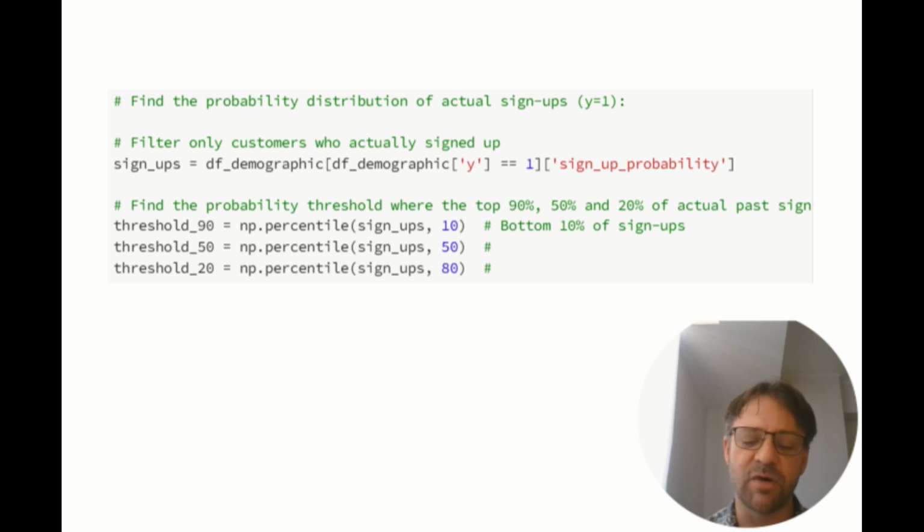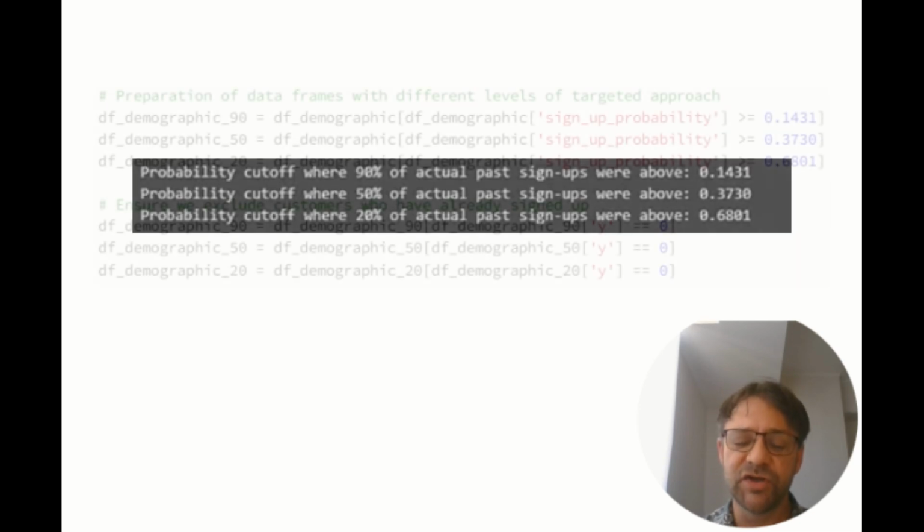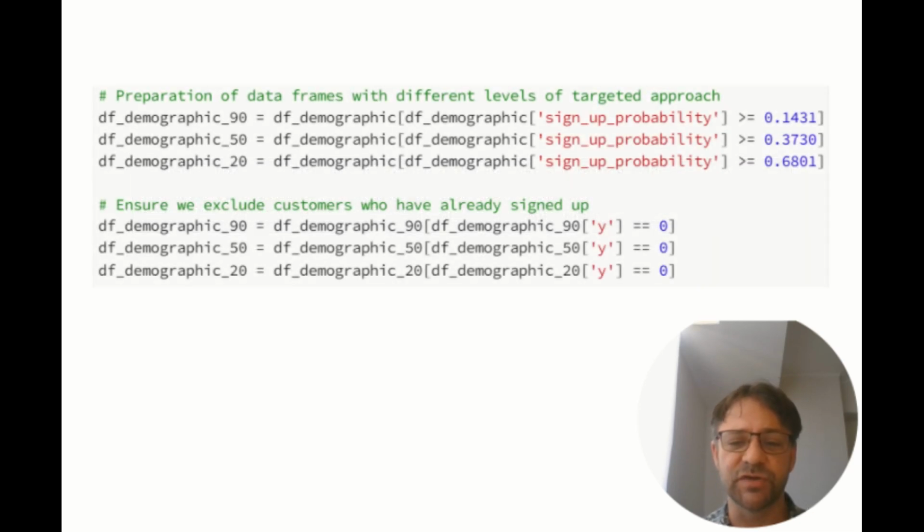Of the group that we know have already signed up, I found the threshold value for the top 90% of people that have signed up, the top 50%, and the top 20%. The top 90% have a threshold value of 0.14 or more. The top 50% have a threshold value of 0.37 or more, and the top 20% have a threshold value of 0.68 or more.